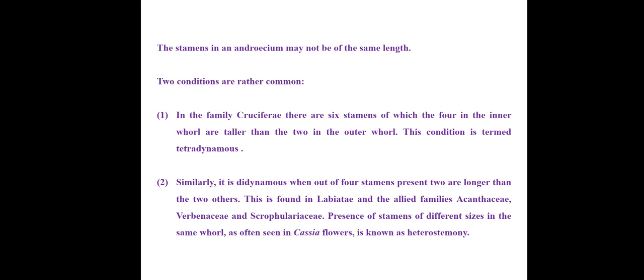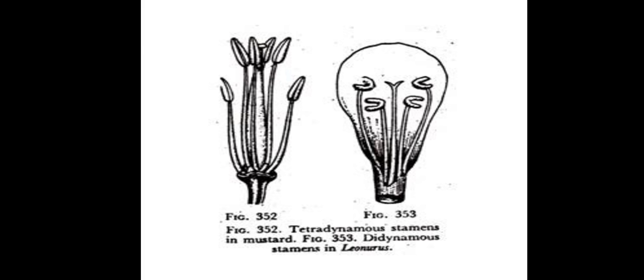Every stamen is of a different size in the cassia flower, which is known as heterostemony. Now here we can see tetradynamous stamens in mustard on the left side, figure 352, and didynamous stamens found in Leonurus, on the left side, figure number 353.